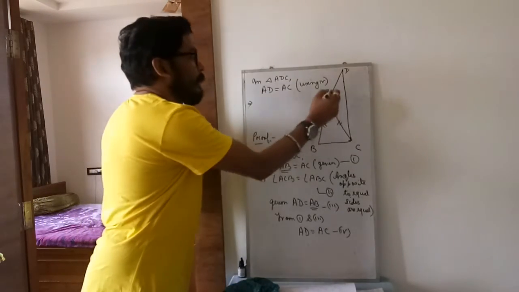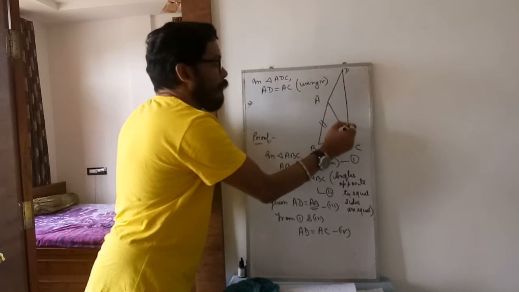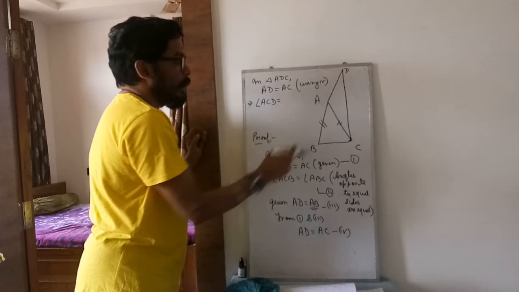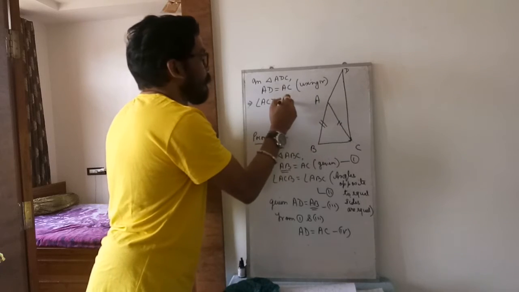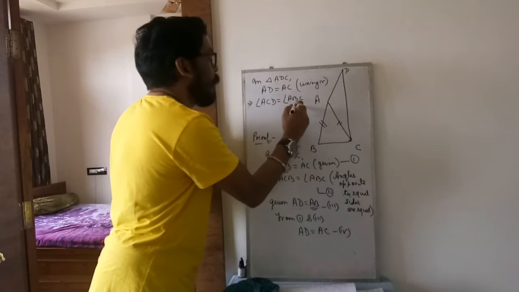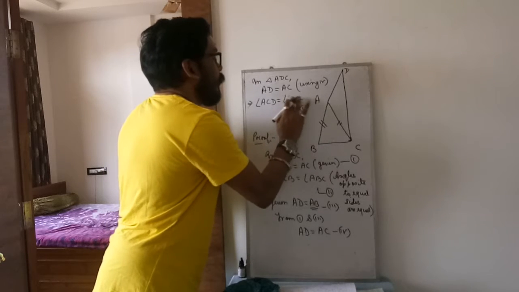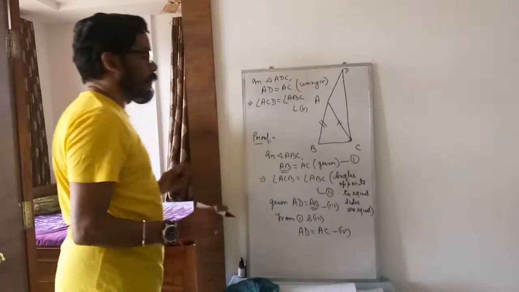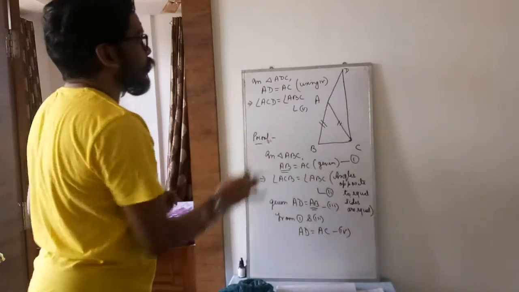AD opposite angle, if you come to this triangle, is angle ACD. And AC opposite angle is ABC. This one you can give as equation 5. Clear? Take the screenshot.